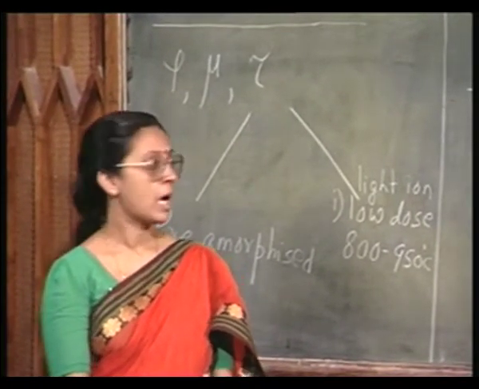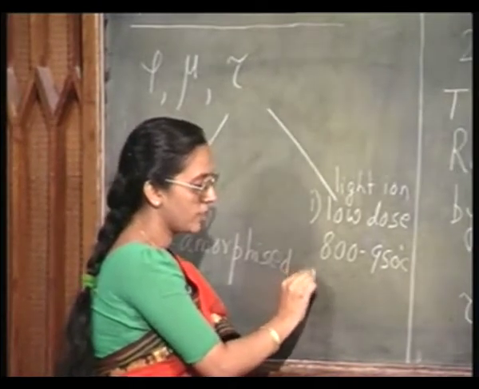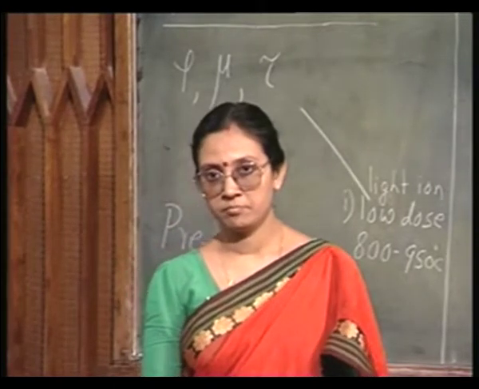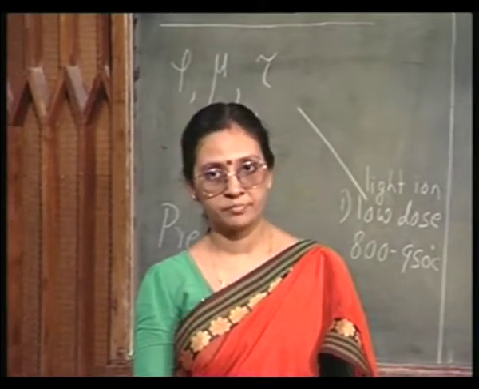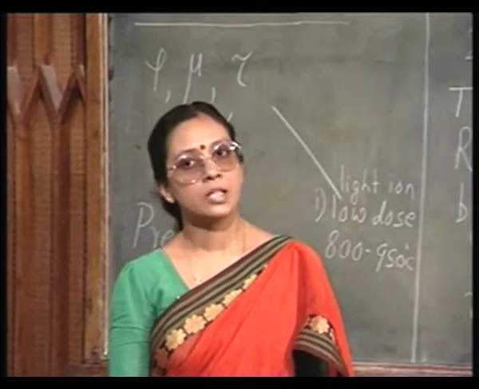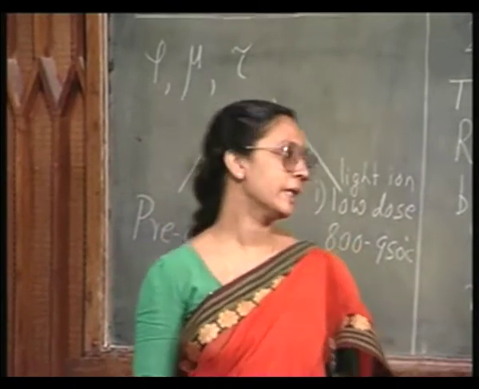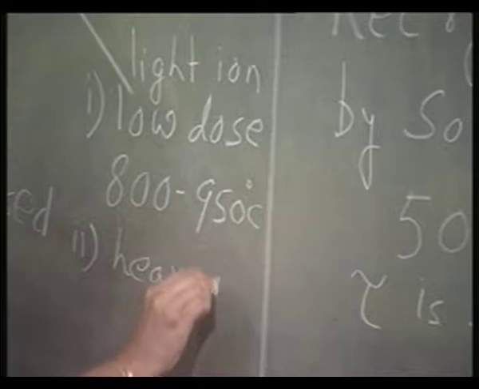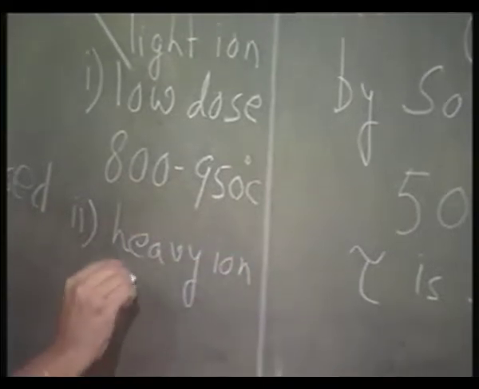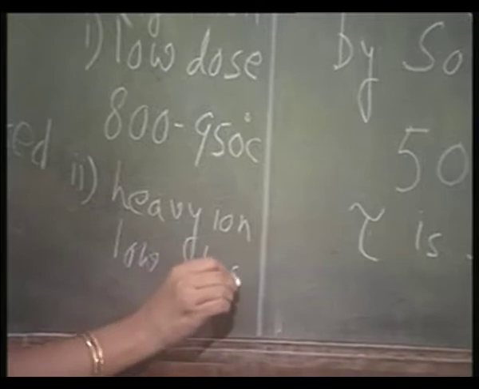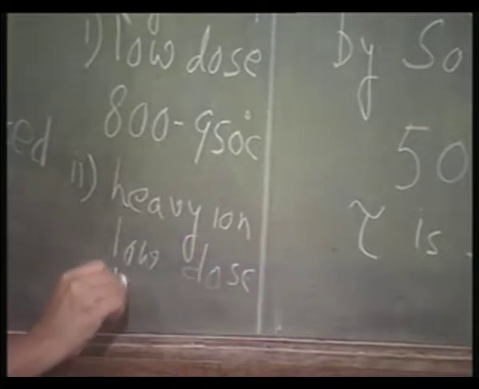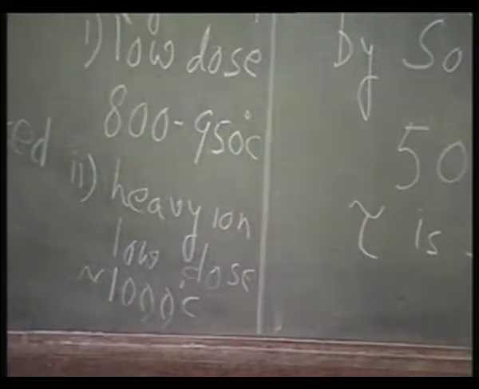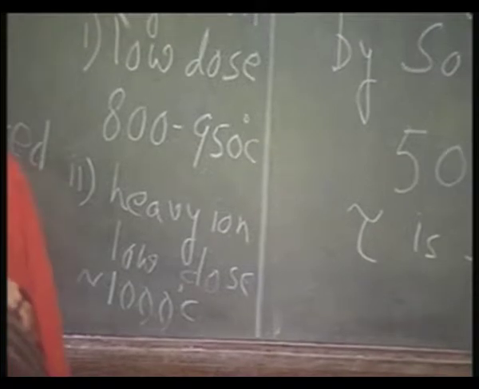Okay. However, if you have heavy ions, the situation is slightly difficult. Well, heavy ions, still with low dose, you will get back about 1000 degree centigrade, will give you recovery of all the parameters.